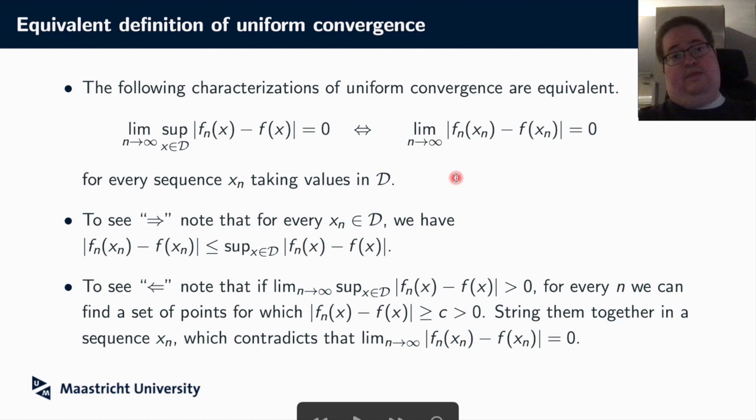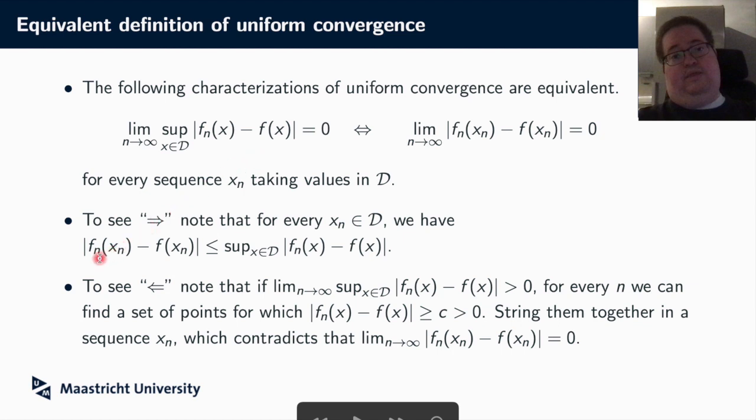So let's have a quick look at why these are the same. Well, suppose we start from this being true. So we know that the function does indeed converge uniformly.